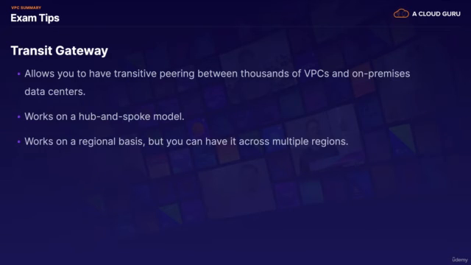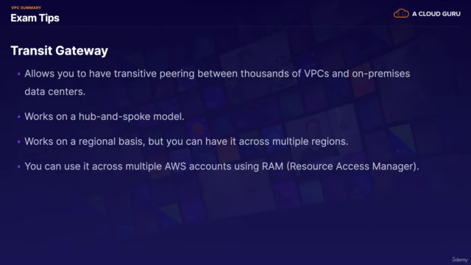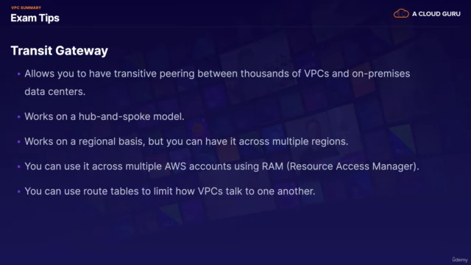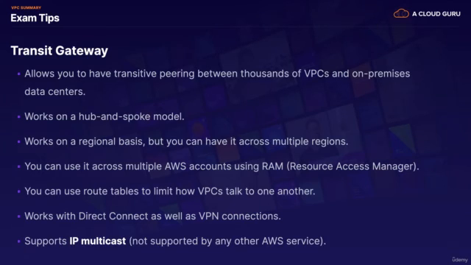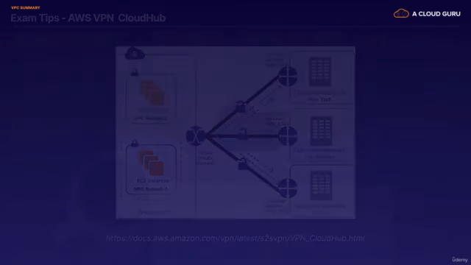It works on a regional basis, but you can have it across multiple regions, and then you can use it across multiple AWS accounts using RAM or Resource Access Manager, and you can use route tables to limit how the VPCs talk to each other, and it also works with Direct Connect as well as VPN connections. And of course, it supports IP multicast, which is not supported by any other AWS service at this time. So if you see a question talking about simplifying your network topology, being able to support multicast, working on a hub and spoke model, I want you to think of Transit Gateway.